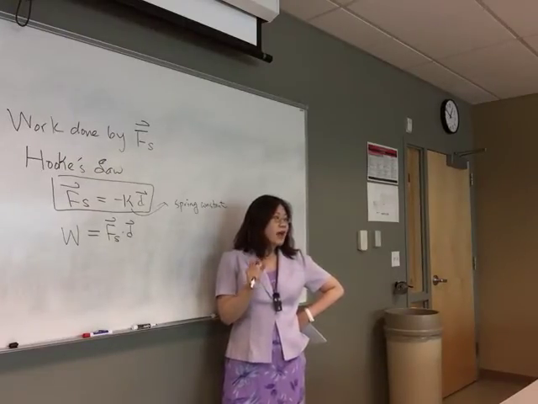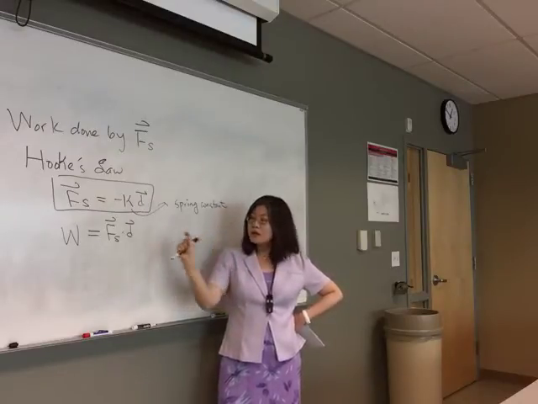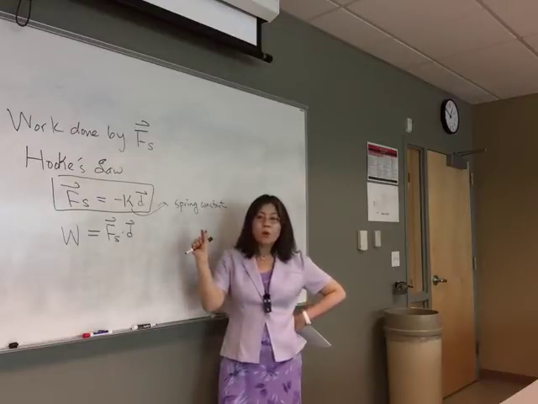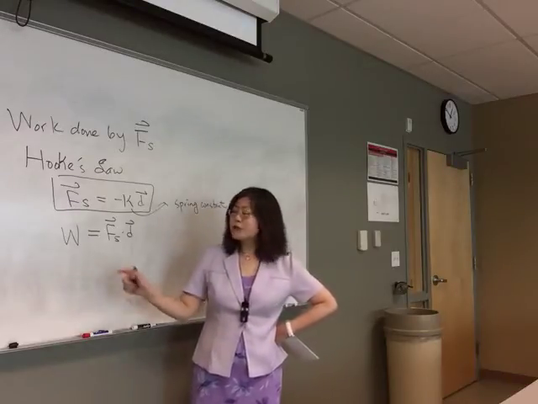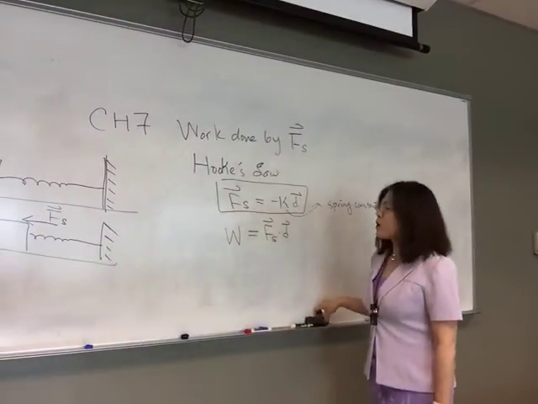By breaking it down so small that within each segment the force is a constant, and you add up those small sections. So in other words, how do we calculate work?